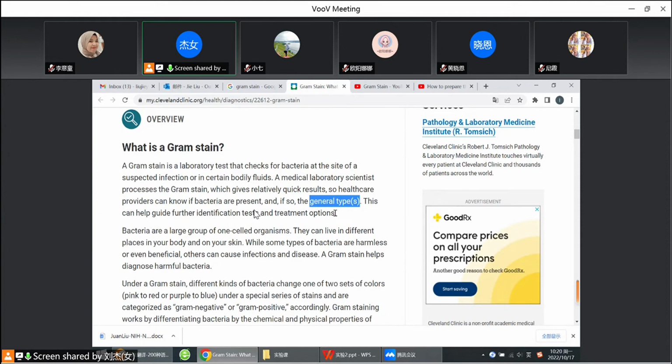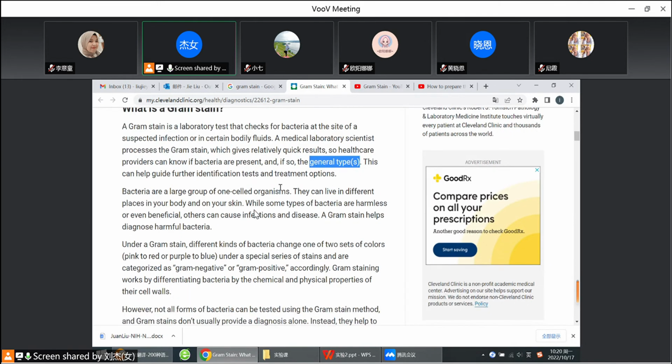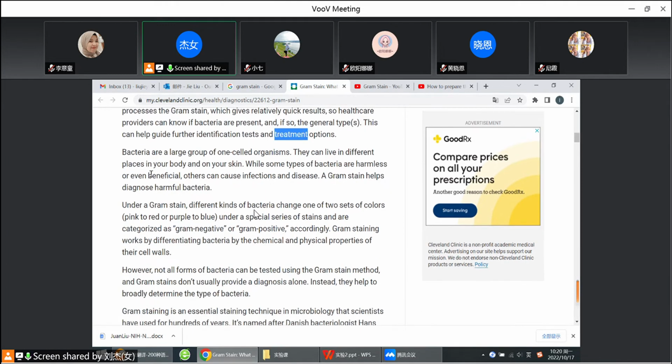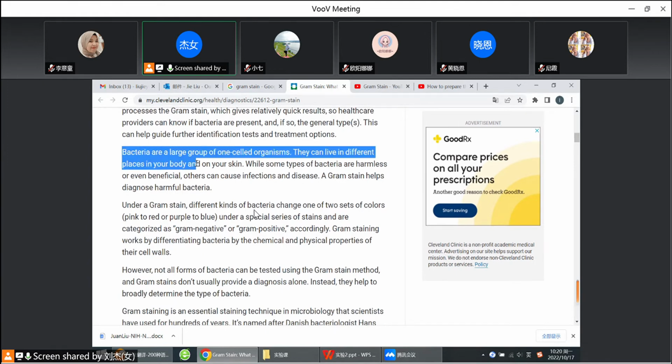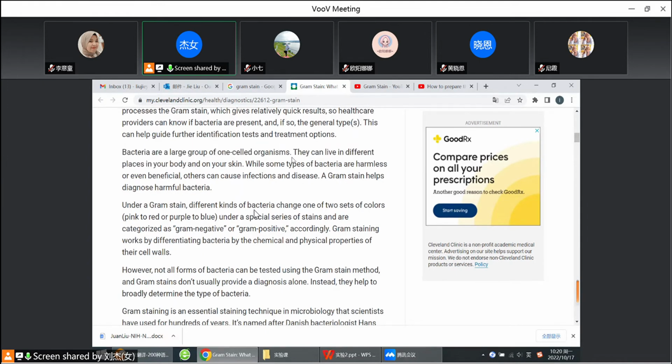So if you know whether they are gram-positive or gram-negative bacteria, it helps guide further identification tests and helps you judge which kind of treatment is better for the patient.